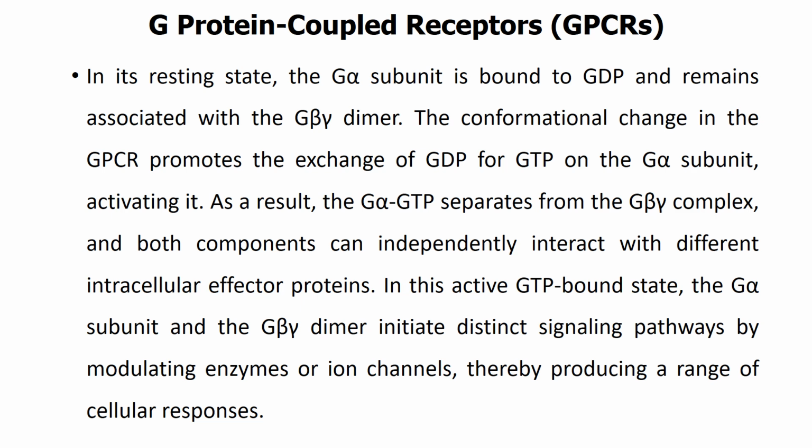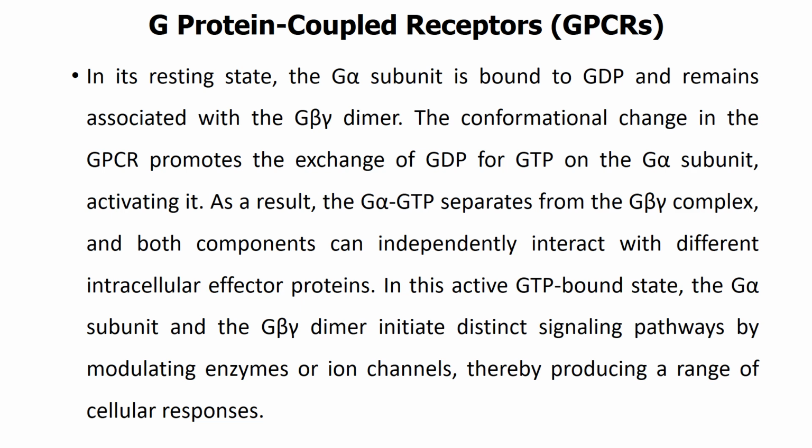In its resting state, the G alpha subunit of the protein is bound to GDP and remains associated with the G gamma beta dimer.